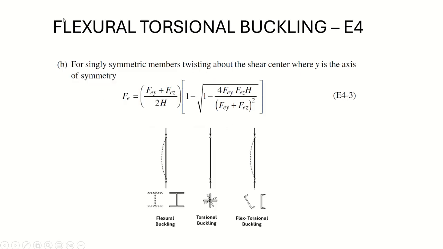Then we have the flexural-torsional buckling, which is a combination of the previous two behaviors, and as you can see, it's a very long equation, but it's easier than we might think. The first member, if you review it in detail, is just an average of two values, and then it's multiplied by a factor.